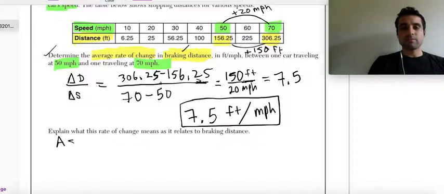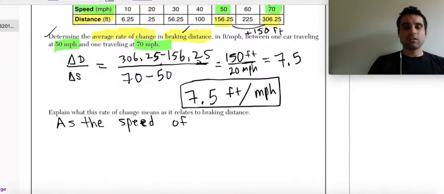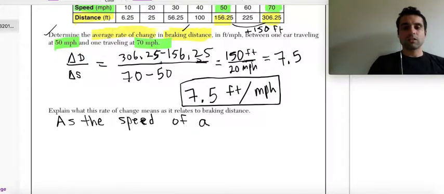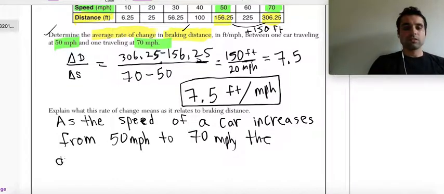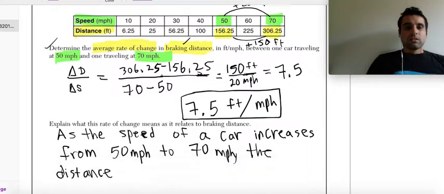So as the speed of a car increases from 50 miles per hour to 70 miles per hour, the distance needed to stop the car.